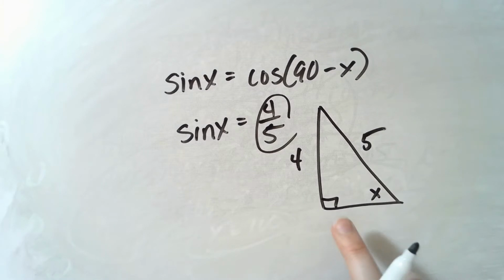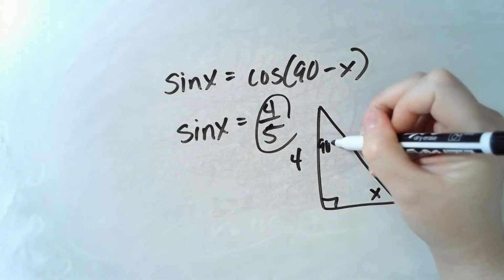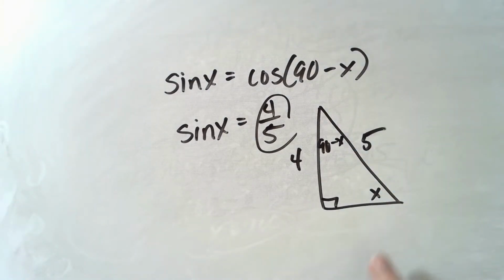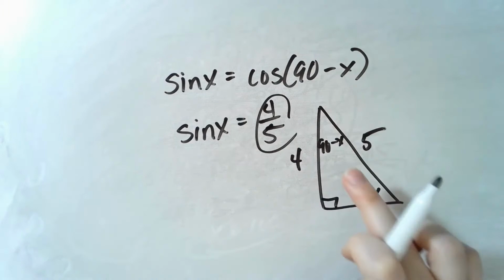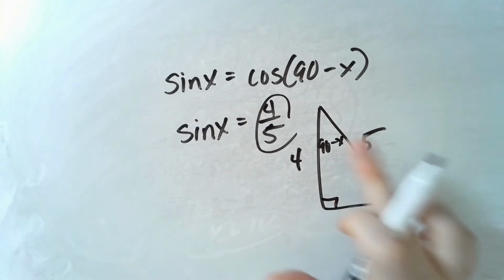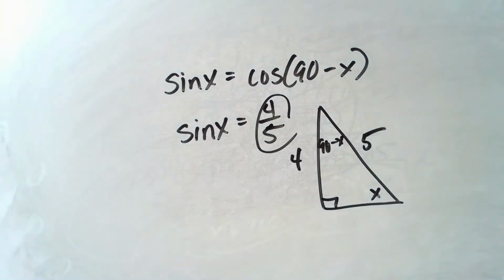That means that this has to be 90 minus x, because that's the only way these three angles will add up to 180. So cosine of 90 minus x, cosine, SOHCAHTOA again, adjacent over hypotenuse, 4/5.